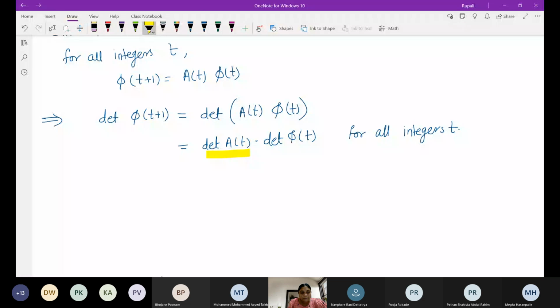Are you getting this? This is the determinant of phi of t plus 1, and this is the determinant of phi of t. Now this is given to be non-zero. So our LHS is 0 or not? How will it depend?